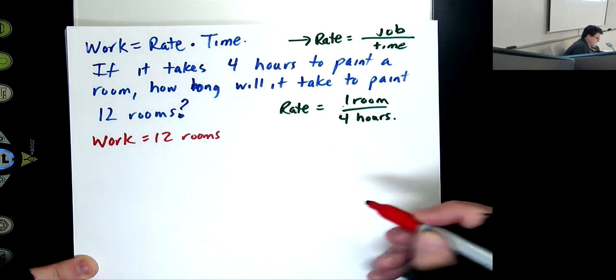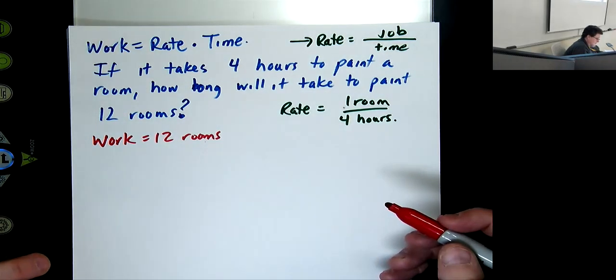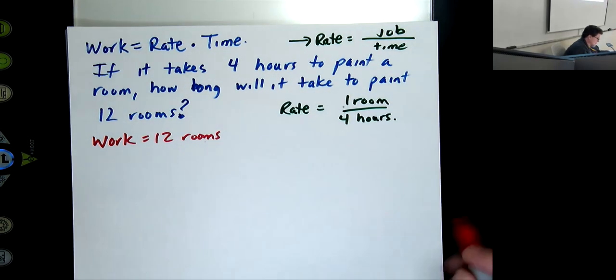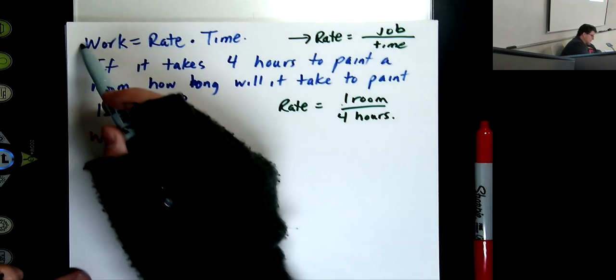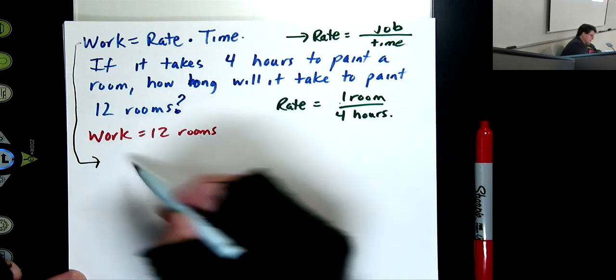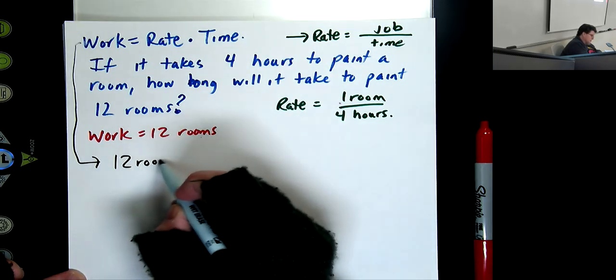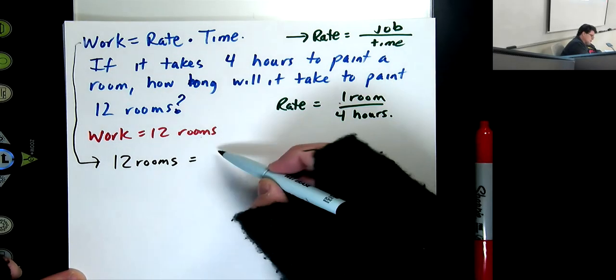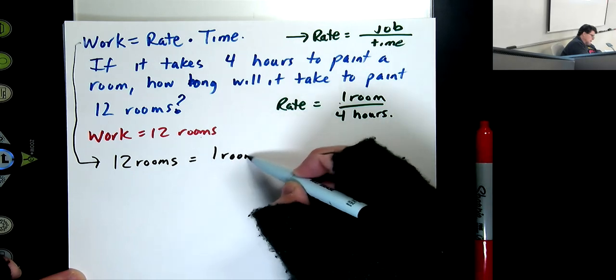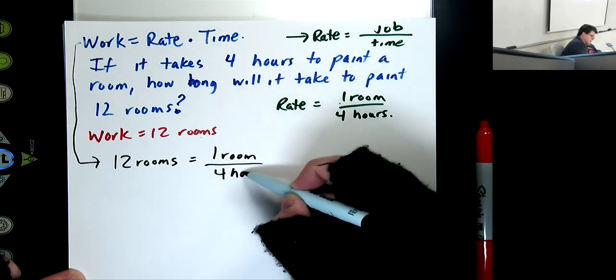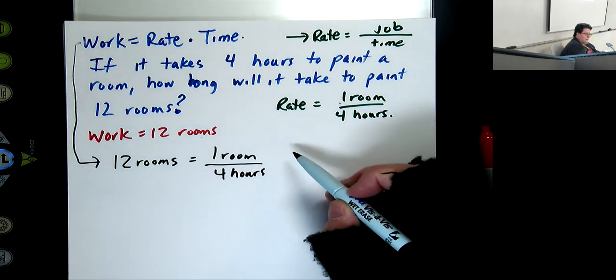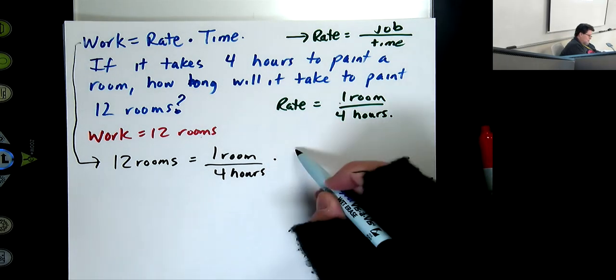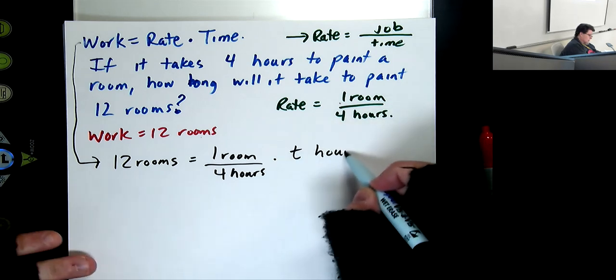That's what I want to get done. So I can start assembling this little problem using this formula. My work is 12 rooms. My rate is 1 room over 4 hours. I just don't know how many hours, so I'll call it T.